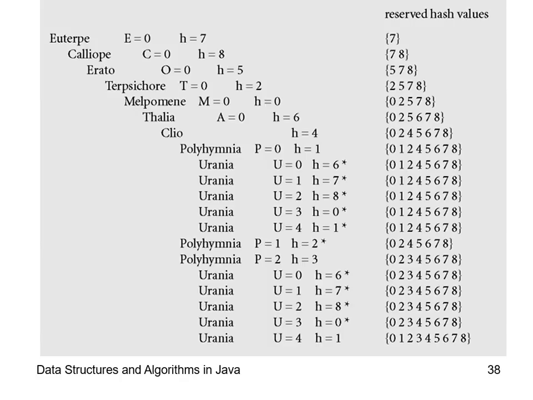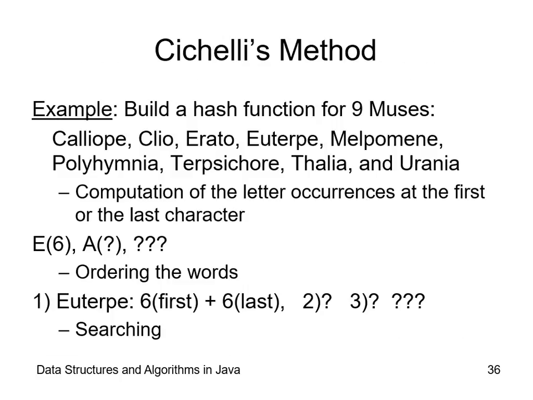The length is 7, G of E is 0, G of the other E is also 0, mod with the size. Since we have 9 words that we want to make a hash function for, the table size will be 9.